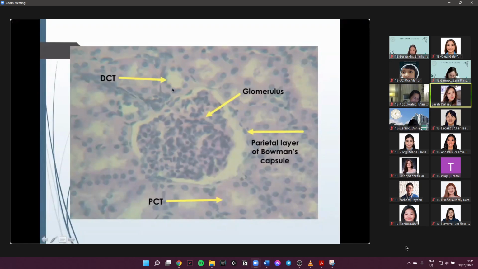And then here in the DCT, note that your cuboidal cells are smaller. And since they are smaller, they have more of them in the tubule. Here, there's just fewer cells in the tubule.